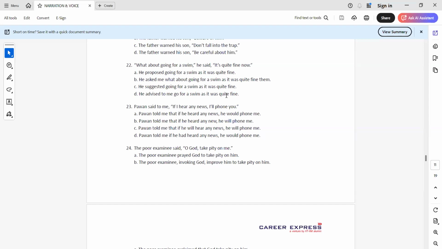Also, there is a thin line of difference between suggestion and advice. Suggest is should, advise is must. You have to do this, that is advice. Suggestion is मैंने तो बोल दिया, now it's your wish. तुम करो या ना करो. That is suggestion.